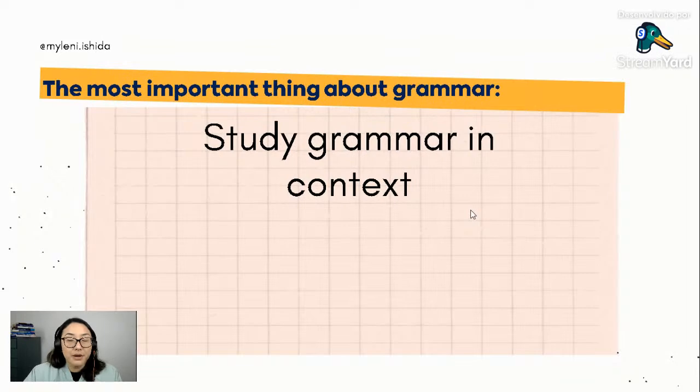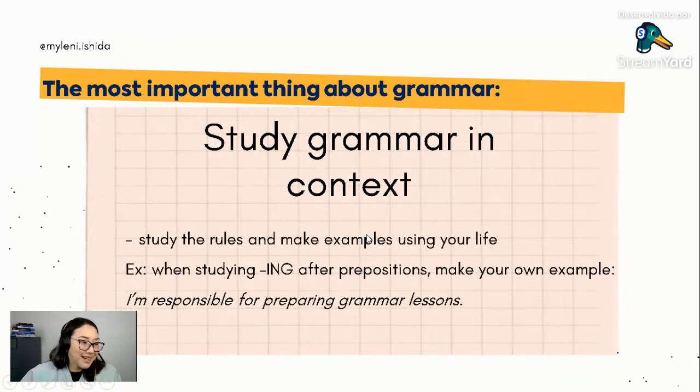Okay? So I'm going to give you one example. Imagine, probably if you follow me on Instagram, you probably know that when you have a preposition and after the preposition you have a verb, the verb goes with ing. This is the rule, okay? But it's not nice to memorize only the rule without the context, right?